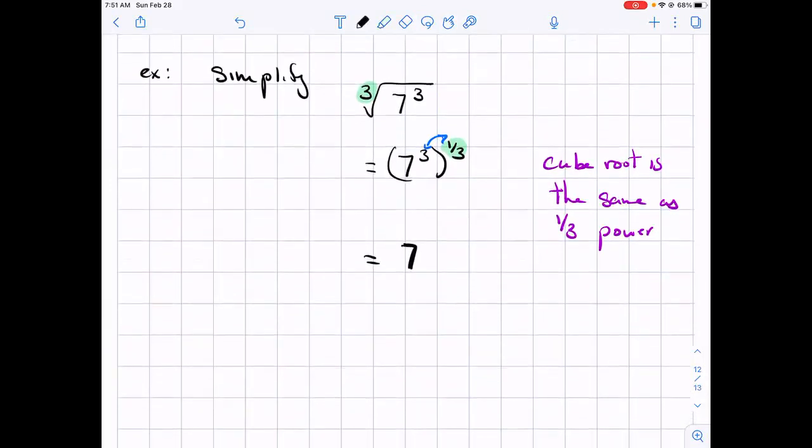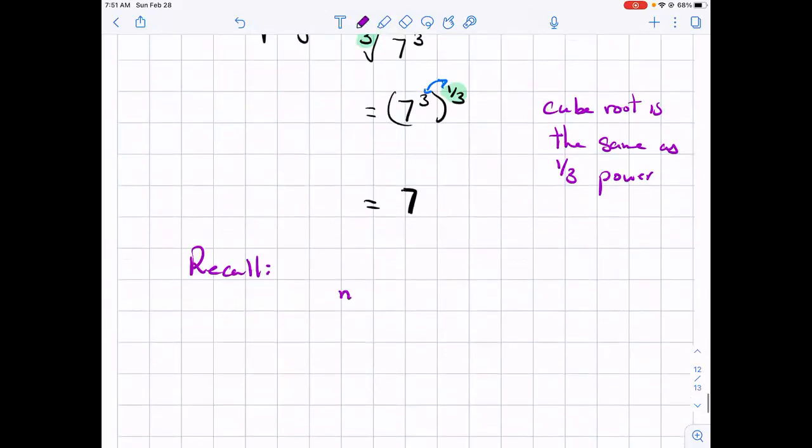So let's put a recall here. Recall the nth root of a to the n is equal to a.